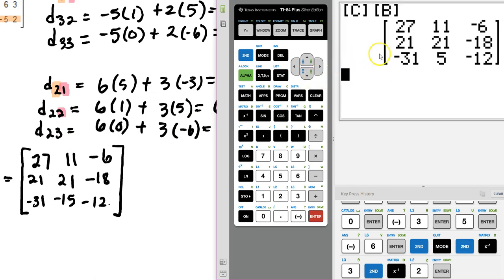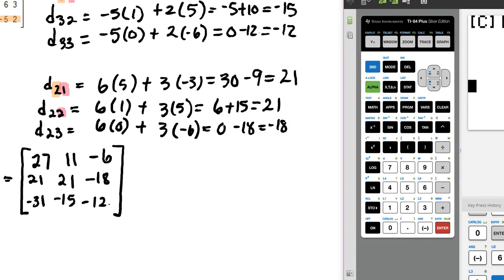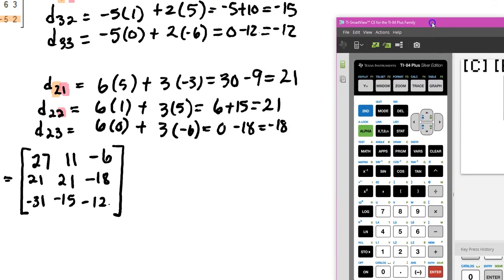So we've got the entries of 27, 11, -6, 21, 21, -18, -31, 5, and -12. So it looks like I might have a mistake here.